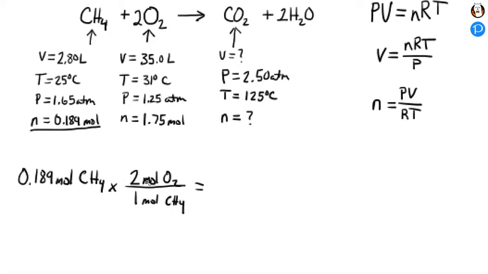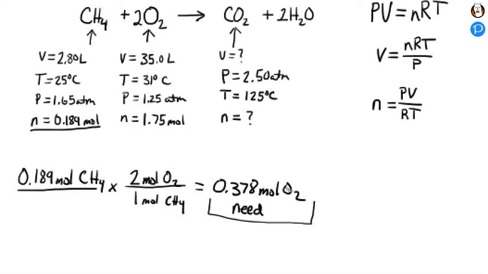Now if I do the math, 0.189 times 2 gives me 0.378 moles of O2. What that's saying is that hypothetically, if I use 0.189 moles of CH4, I'm going to need 0.378 moles of O2.